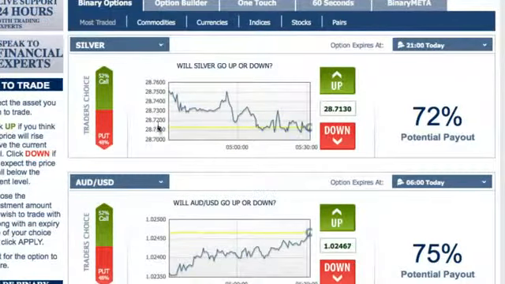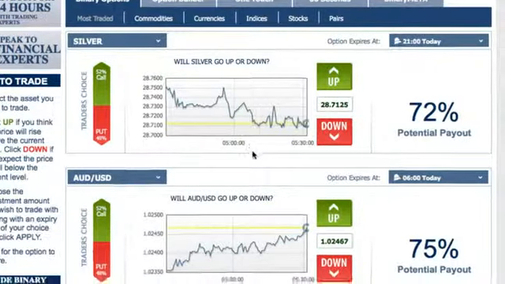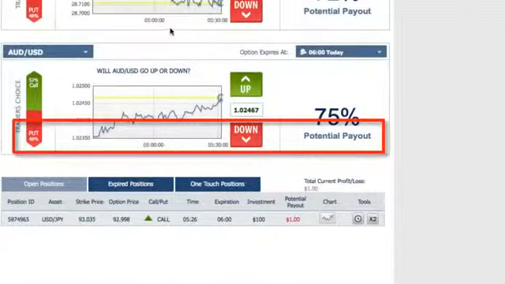We need it to be at least 0.1 or greater in difference for this strategy to fit our criteria and get more winning trades. So I'll pause this video and come back with about 2 minutes to go to see how our USD Japan trade is going and see how it expires.